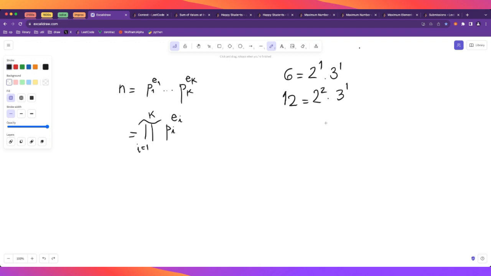That means that if you have a number n that is p1 to the 2 and so on, you have a 2 here, which means that they are even.